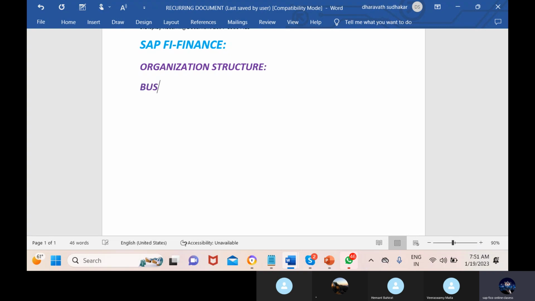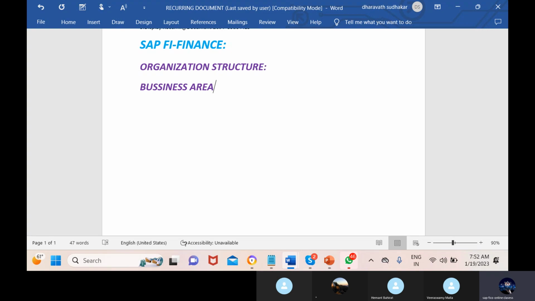Now we'll discuss the business area. Guys, business area can be defined according to our location or our functional activity. If we do not prepare a business area in the finance module, in the SAP CO module, the controlling module, we will prepare a profit center.